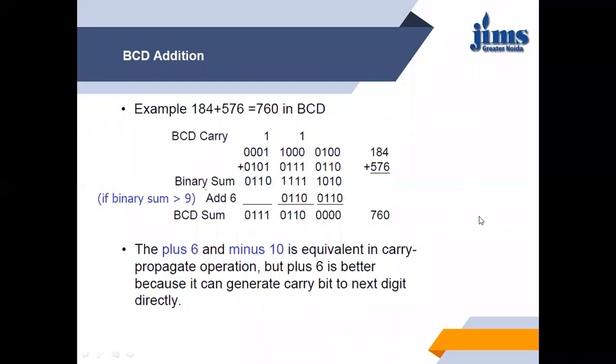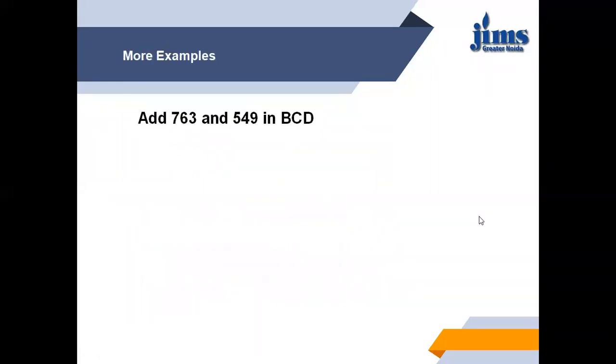Now let us take another example. You all start doing in your copies: add 763 and 549 in BCD.